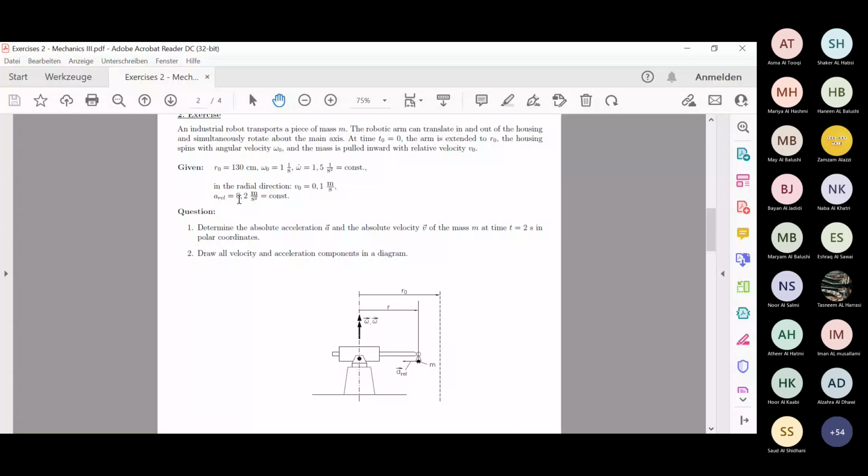The question is to determine the absolute acceleration A and the absolute velocity v of the mass m at time t equal to 2 seconds in the polar coordinate system, and draw all velocity and acceleration components in the diagram.